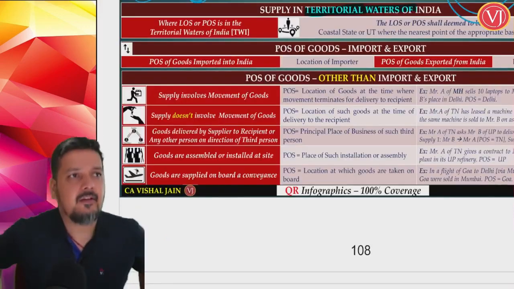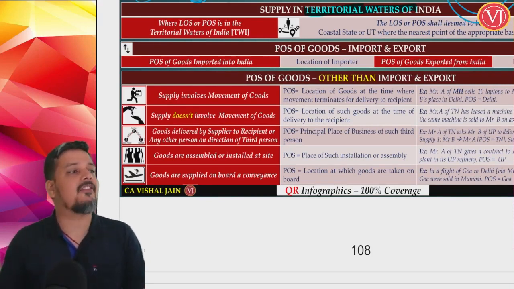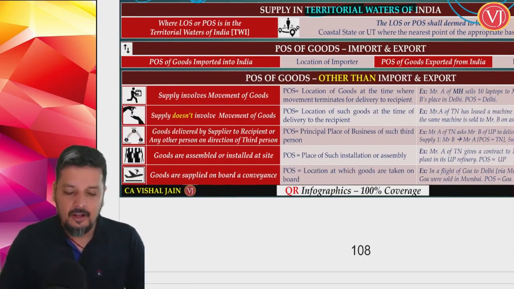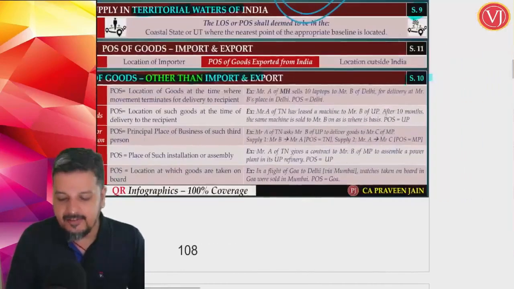Section 10 is place of supply for goods other than import and export. In simple language, place of supply for goods, domestic transactions.